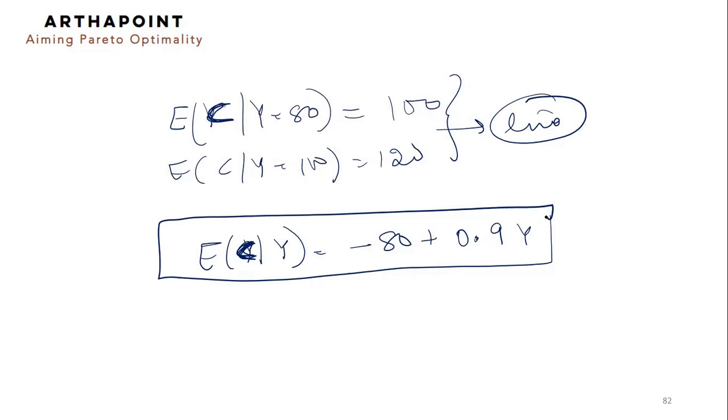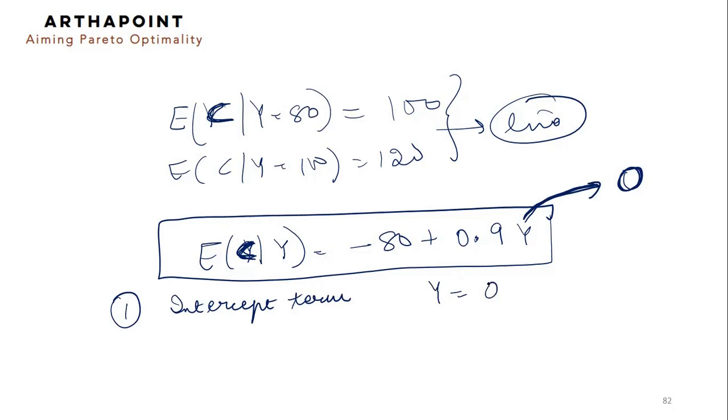So, interpretation for the intercept term. The intercept term suggests that when you put income as 0, what do I get? I get E of C given Y equal to minus 80.